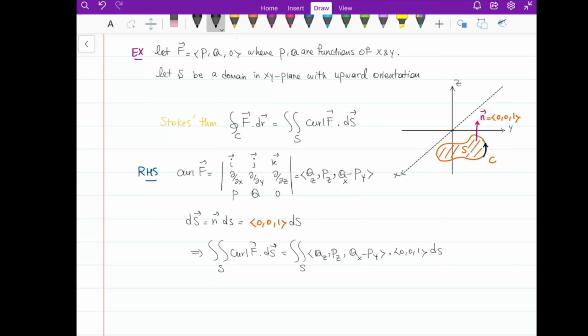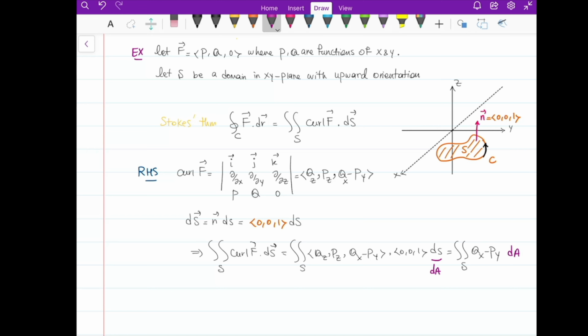Okay, so calculating this dot product, I just get Q with respect to x minus P with respect to y over the surface S, and as you see, I have dS in here. So dS is the element of surface area, but our surface is in the xy plane. That's why dS in here would be equal to dA that we use in double integrals.